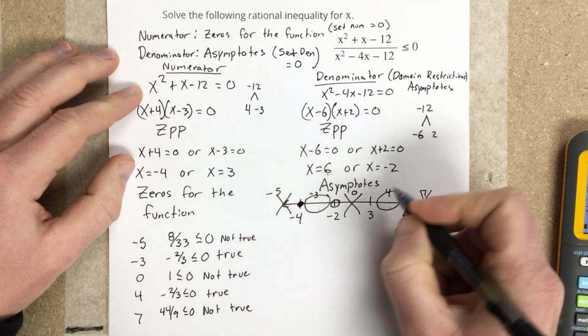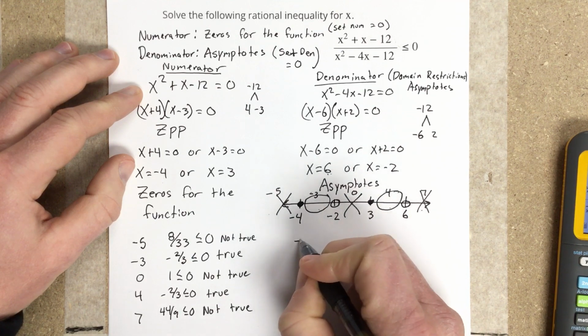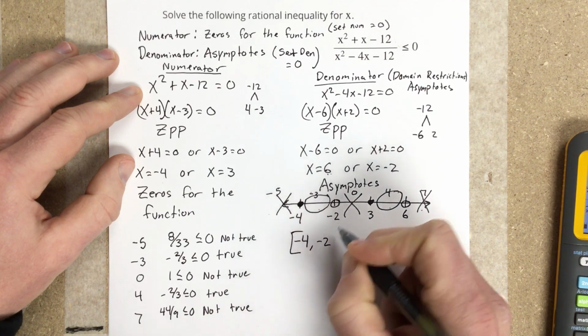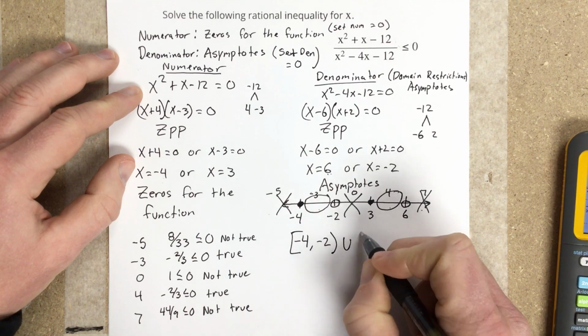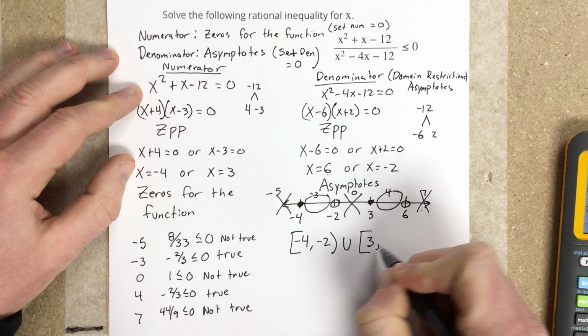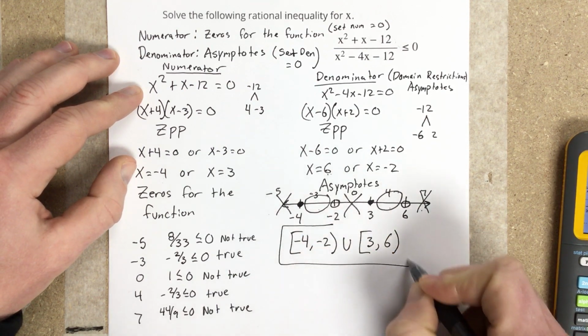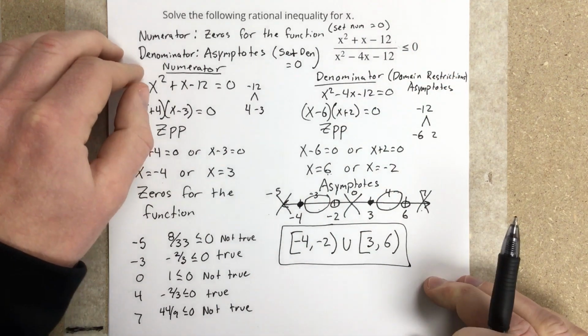So we're going to put closed dots there. That tells us that our solutions run from -4 to -2 with a bracket on the -4 and a parenthesis on the -2. Union, bracket on the 3 to 6 with a parenthesis. And this would be our solutions for this rational inequality.